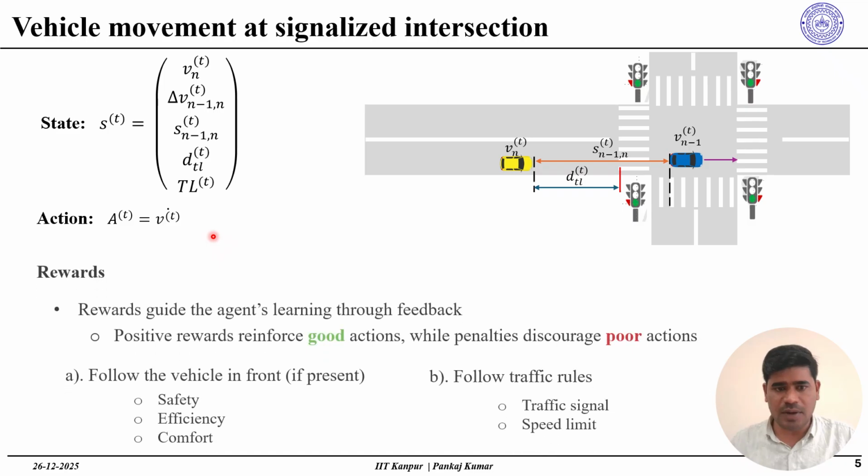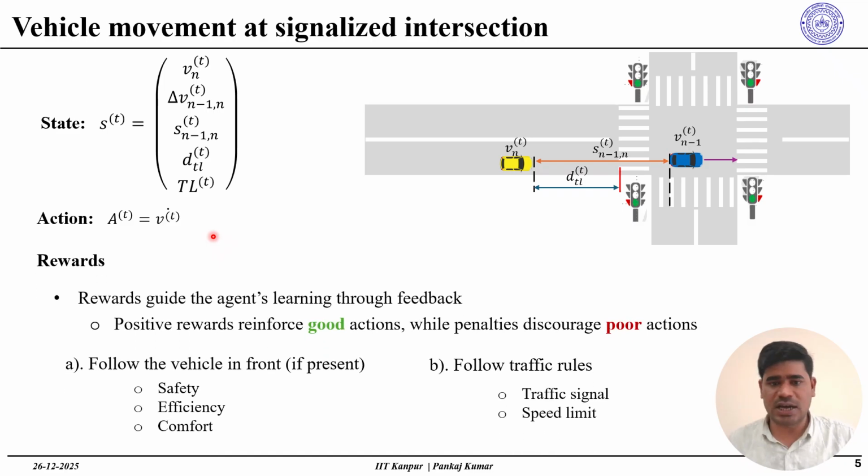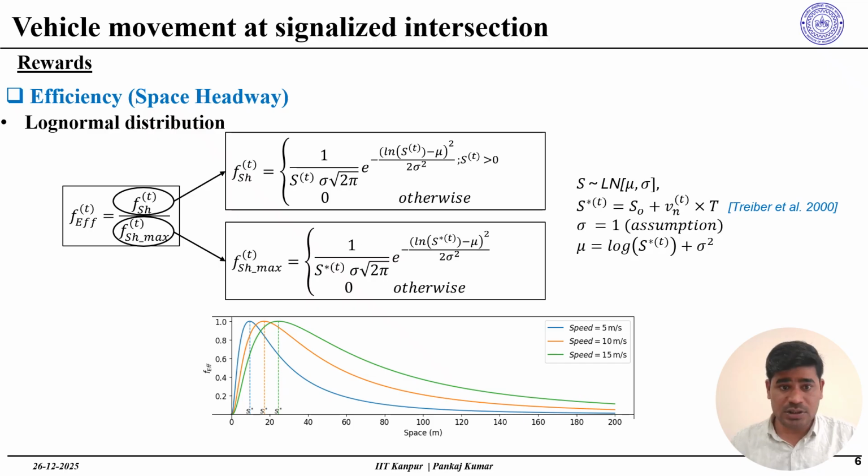Now we move to the reward function. The reward function guides the agent's learning through feedback. This is a very critical component when solving this type of problem. In this case, we have defined the reward function based on five parameters: safety, efficiency, comfort, traffic signal, and speed limit. Let's discuss them one by one.